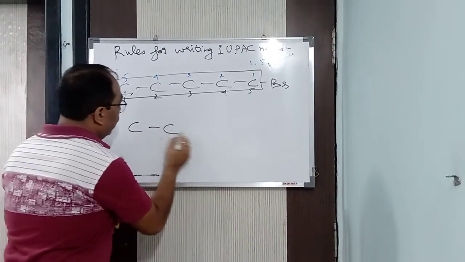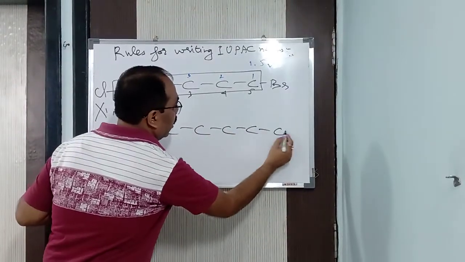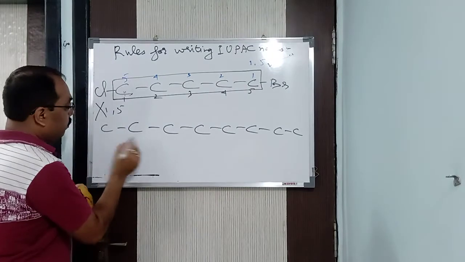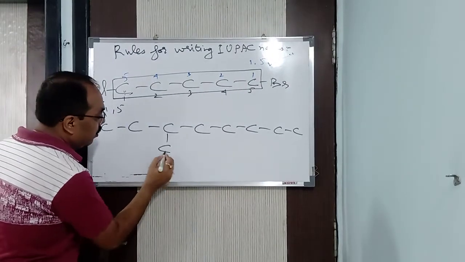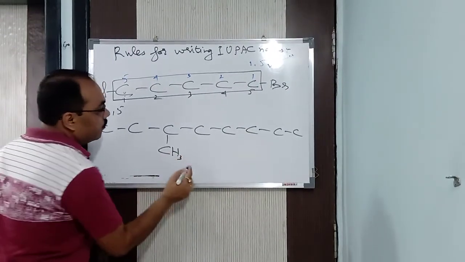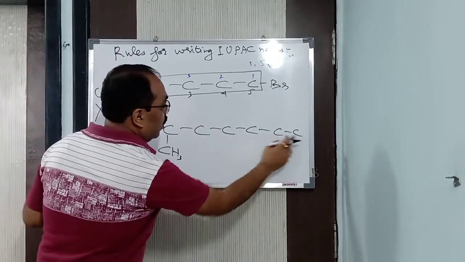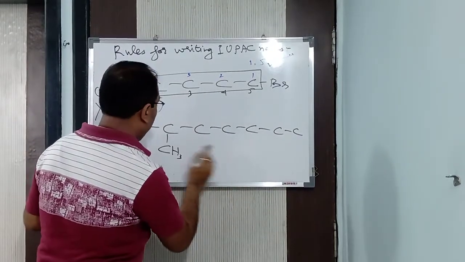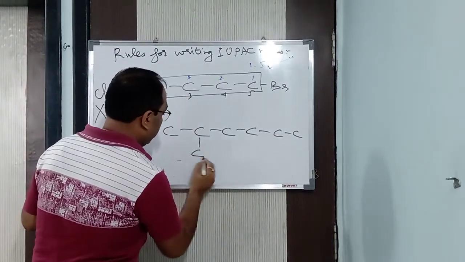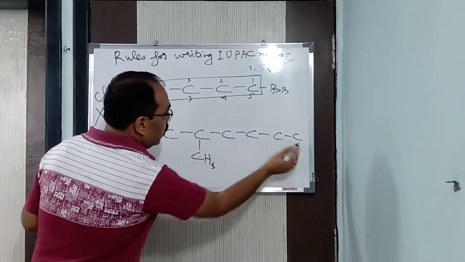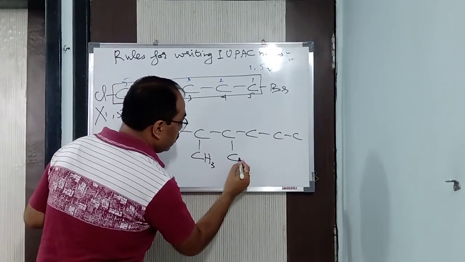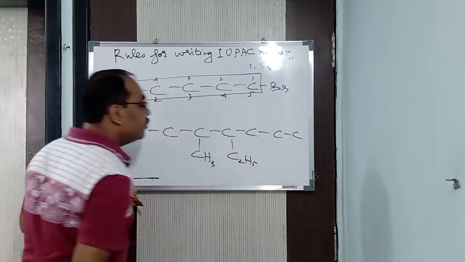Here itself, suppose we have an alkyl group. Let us say I am putting the alkyl group here, that is CH3. Now here also I am putting, let me write it here, that's better, CH3. And here I am putting C2H5.